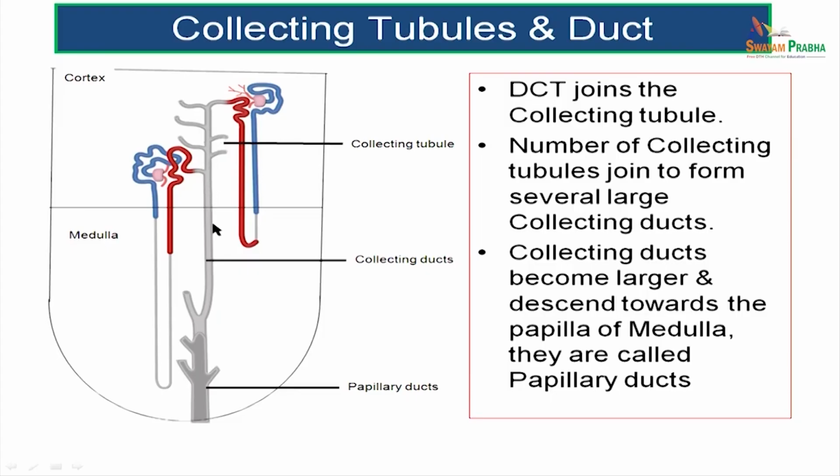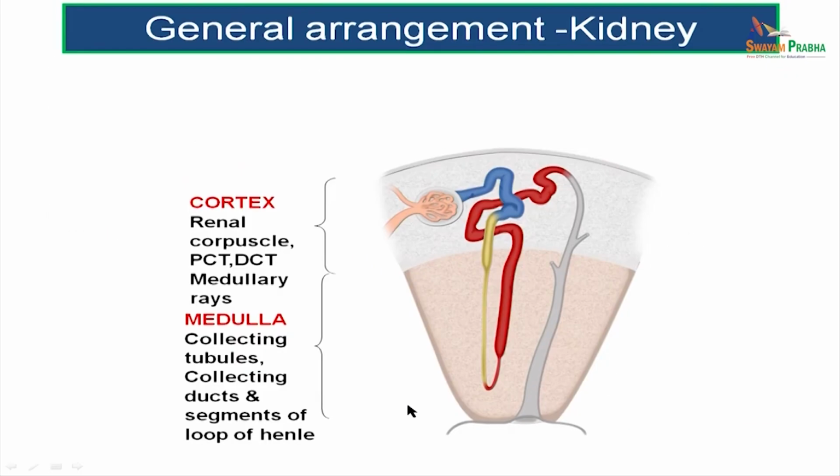This is a large collecting duct which courses from the cortex towards the medulla. So, it is descending towards the papilla of medulla. So, these large ducts formed by union of collecting ducts are called as the papillary ducts. Papillary ducts are also called as ducts of Bellini.